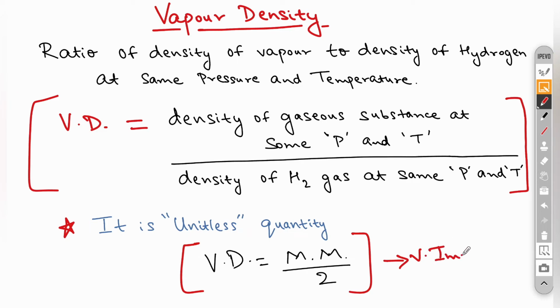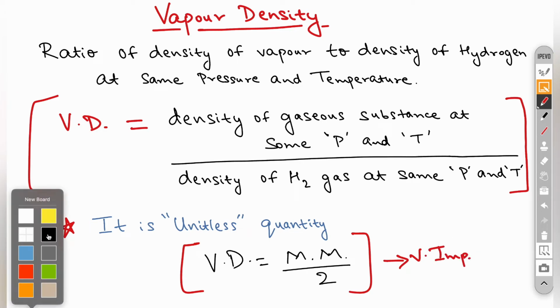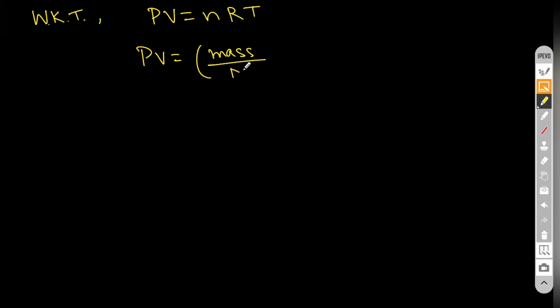Now we will see the proof of this formula. We know that by ideal gas equation PV is equal to nRT. PV is equal to moles, which is given mass divided by molar mass, into RT. Capital M here is the molar mass of substance.